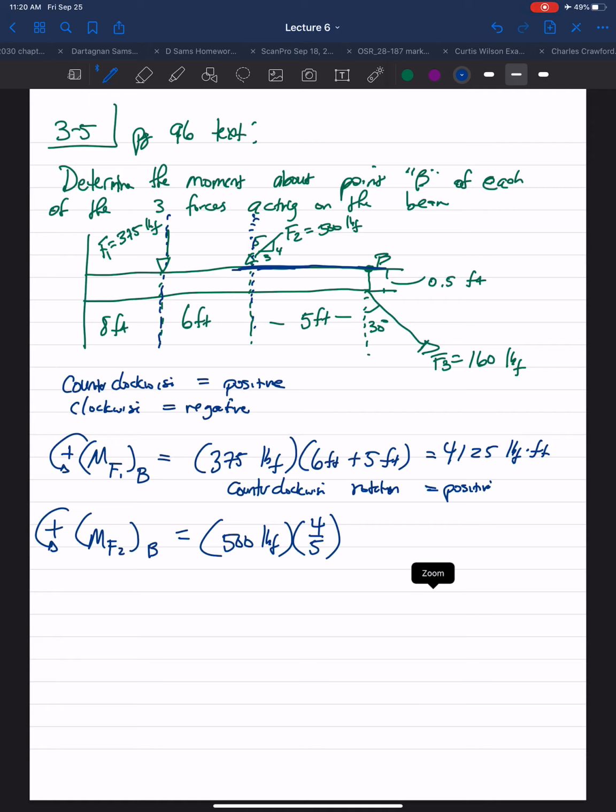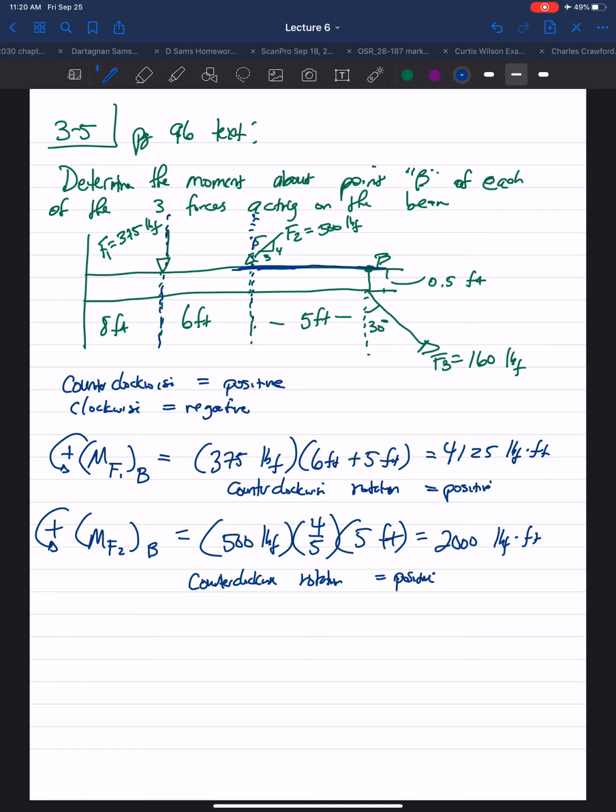Well, what is our perpendicular distance between F2 and B? That is 5 feet. Multiplying this out, you get 2,000 pound force feet. Now, once again, this F2 is to the left of point B and is pulling down. So this is causing a counterclockwise rotation, which is positive.